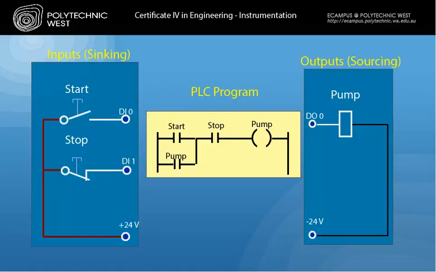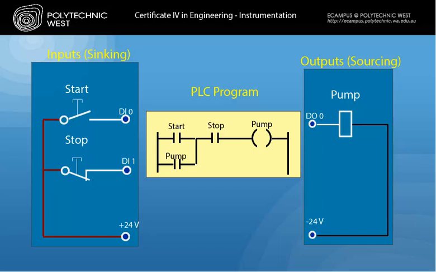Here we have a diagram showing how the electrical connections of our start and stop push buttons connect to the PLC program. The PLC program has a normally open for the stop in the program, so that when we connect up our normally closed switch to the digital input, we have a connection through that stop button, so that when we push the start button, the program will latch through the pump contact off the pump output.